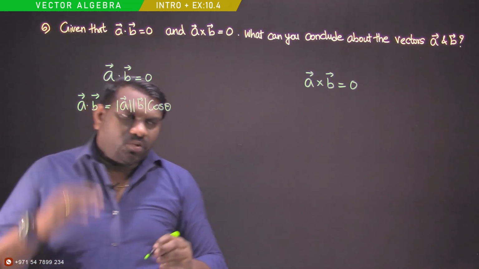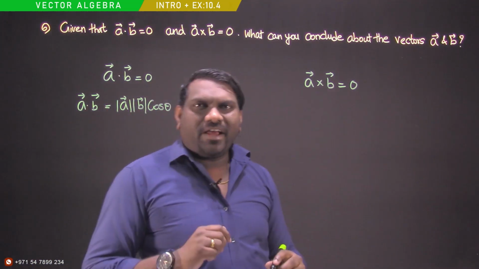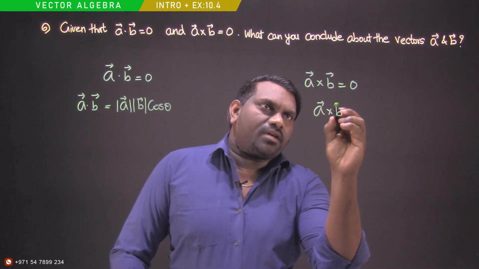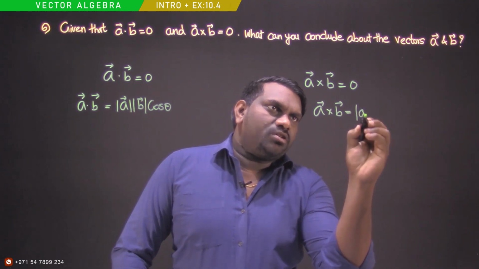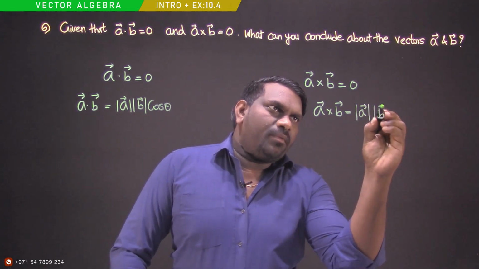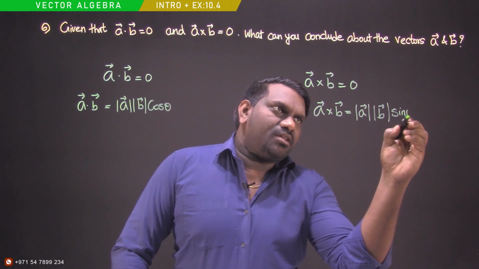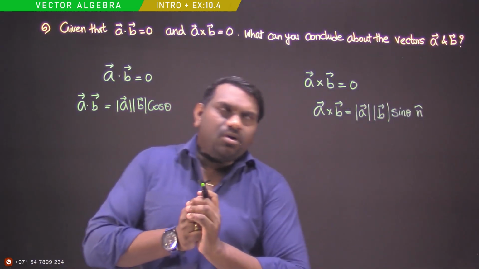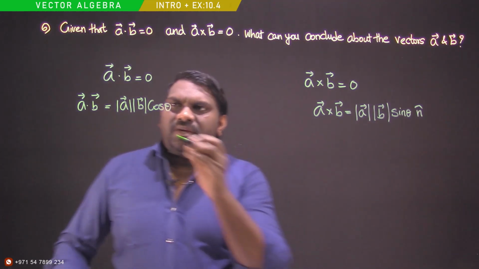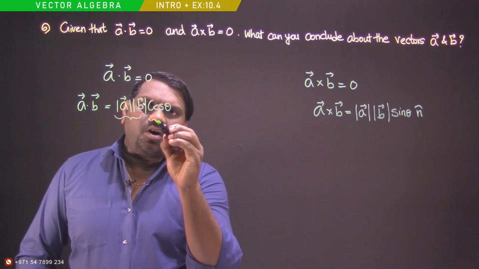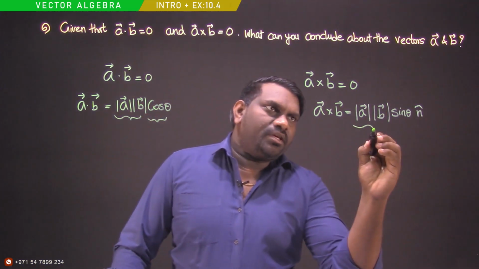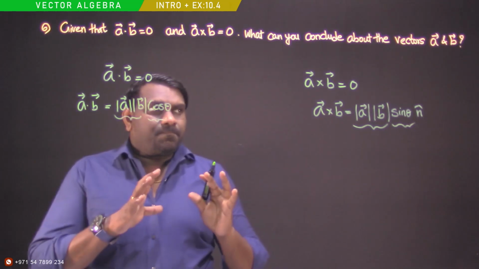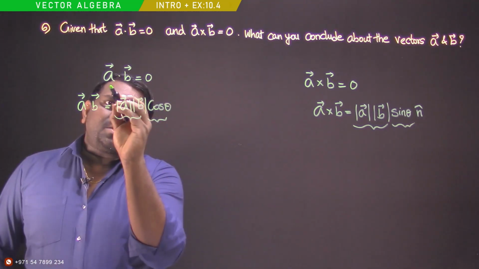These are just the magnitude values. And A cross B gives you a vector, and the formula looks something like this, which is sin theta n cap. So the play is between these two, the cos here and the sin there, and first of all, this is what is given.